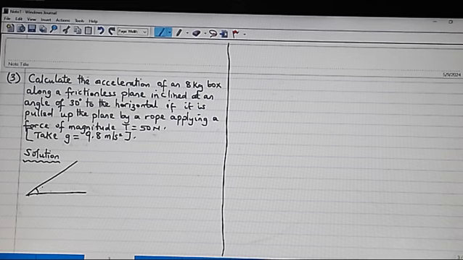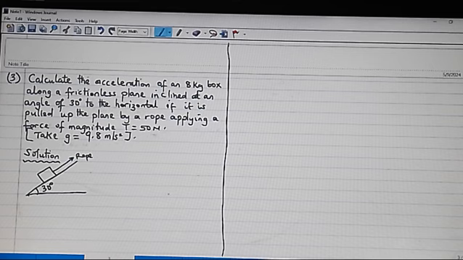This is 30 degrees to the horizontal, and this is the box being pulled by a rope. So this could be the rope. We want to find the acceleration of this block.